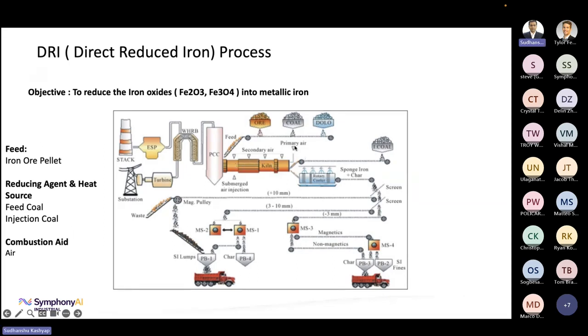As you can see, there's primary air injected from the rear end using a central burner fan, and there are secondary airs injected using tubes on the shell of the kiln. Finally, when this ore exits, we get reduced metallic iron, also called sponge iron. That's the very high level process schematic.